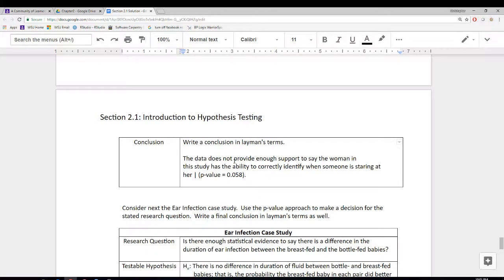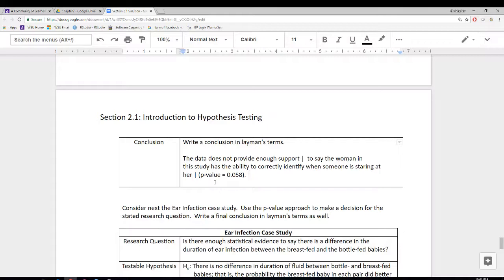So again, the first part is the decision. That's this part here: the data does not provide enough support. The second part is the research question, which is this here, to say that the woman in the study has the ability to correctly identify when somebody's staring at her. And then the third part of the conclusion is to provide the p-value.